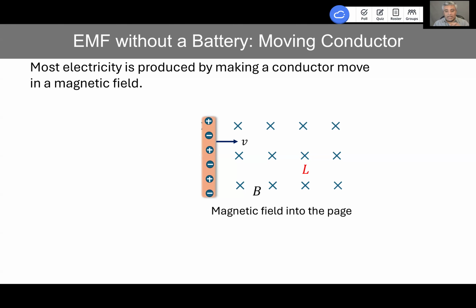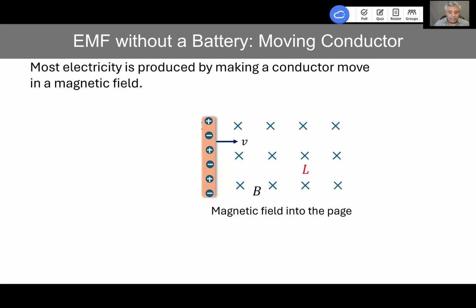So the generators have a coil made up of conductors, and it spins in the magnetic field, and that's what gives us electricity. Okay, so now to look at the basic principle of that, first, rather than talking in terms of a coil, let's just talk in terms of a straight conductor.